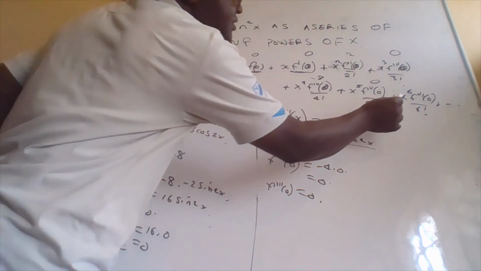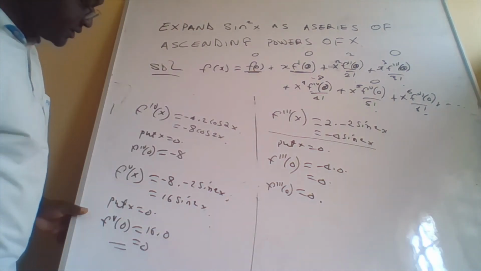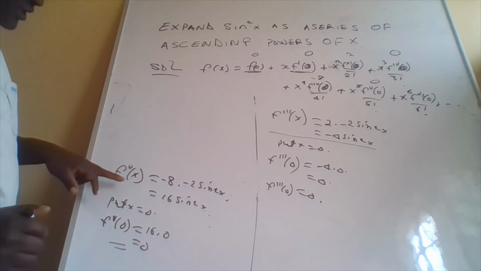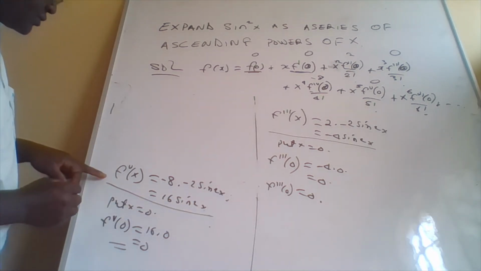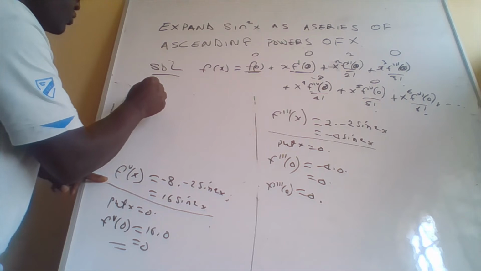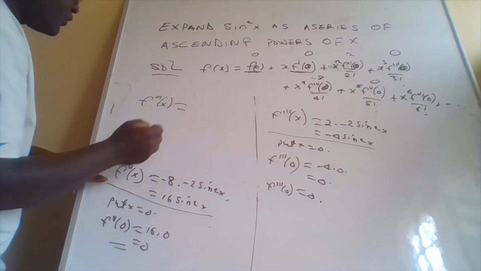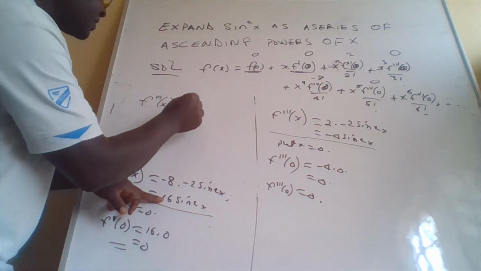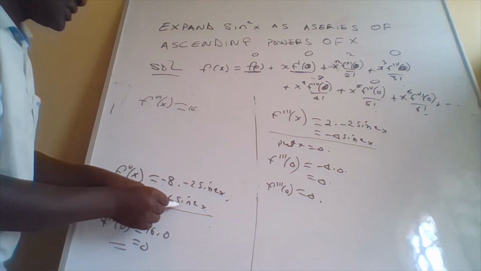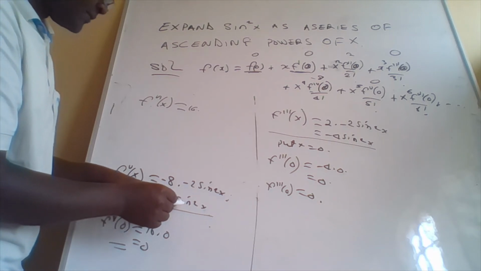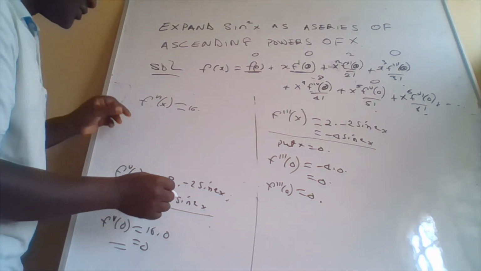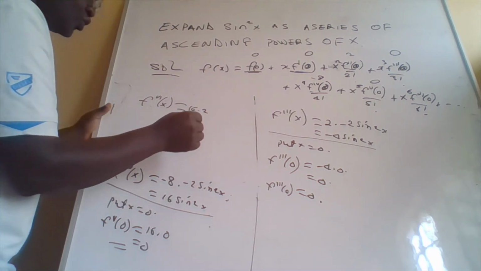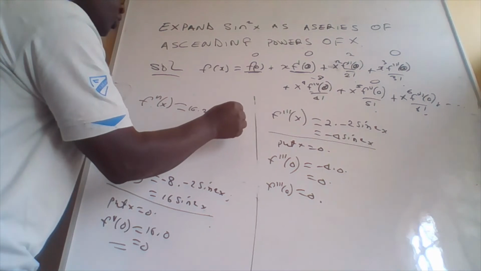So we can now get the 6th derivative at 0. We differentiate this equation. So we have 16, and when you differentiate sine 2x, we get 2 cos 2x.